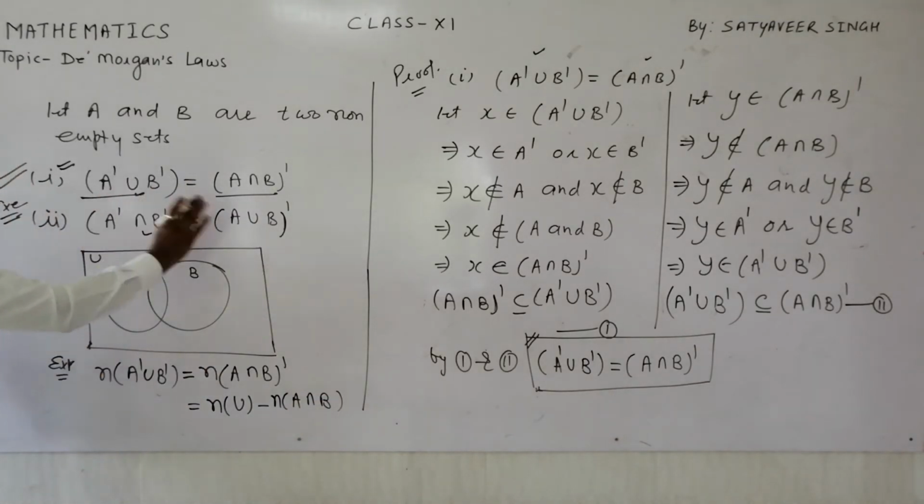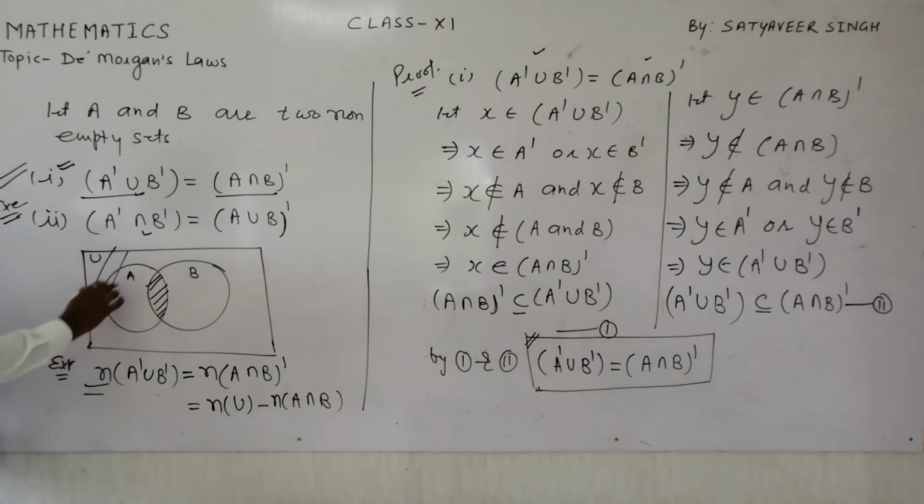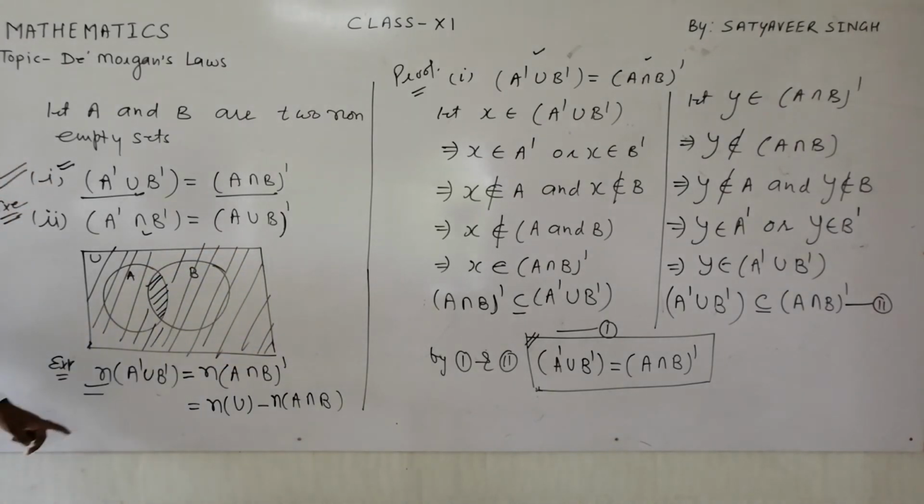From the universal set, if you subtract the common elements of A and B, then you will find the elements which belong to A complement union B complement. These lines you can see cover up the elements which belong to A complement union B complement. Similarly, you can make some example on this also.